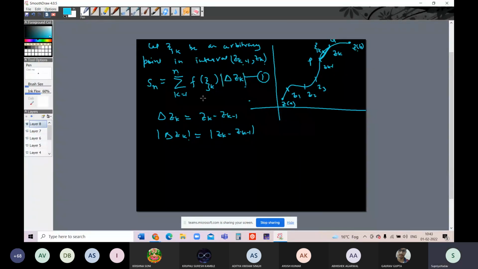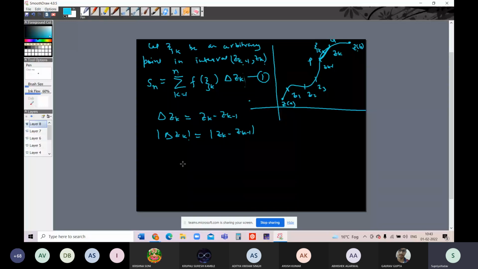This function should be defined like this: mod of delta jk. No, we will not write it. Okay, so this is the delta jk, which is the length of this chord pq.